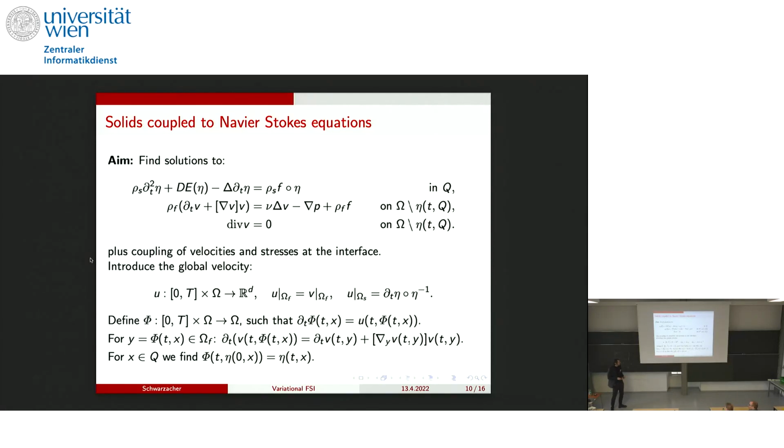And this now allows us to write the convective term as a time derivative of this velocity. And this again allows us to take the difference quotient of this quantity to approximate this term in our parabolic approximation of the hyperbolic.